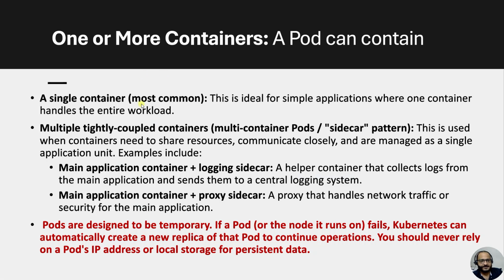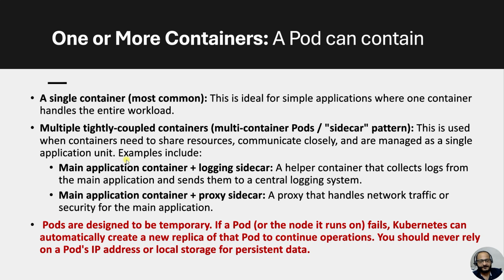Okay, so this is what I have explained here. For the multiple containers we can run, in terms of Kubernetes we call them sidecars. This is used when containers need to share resources, communicate closely, and are managed as a single application unit.